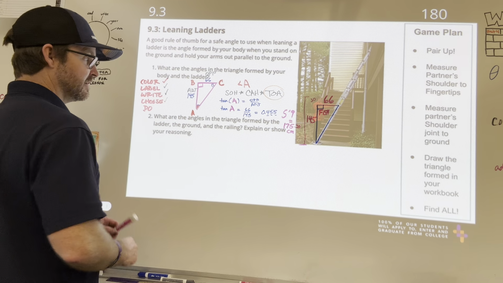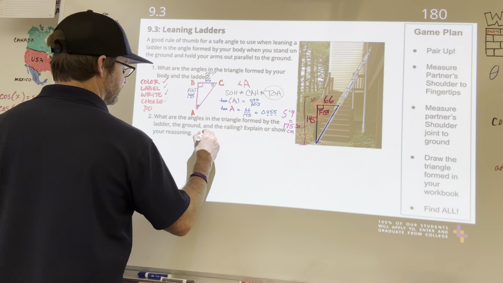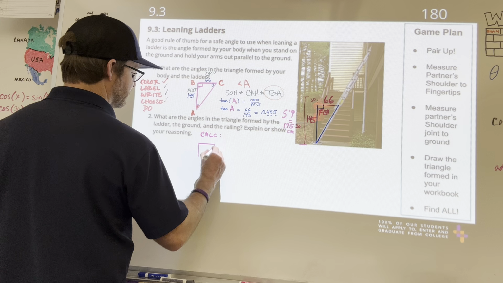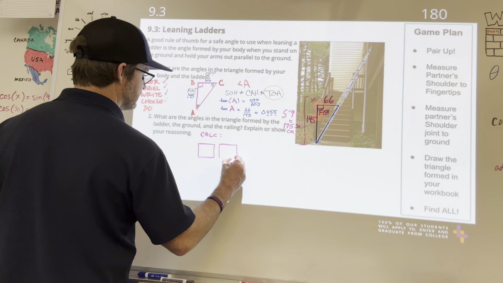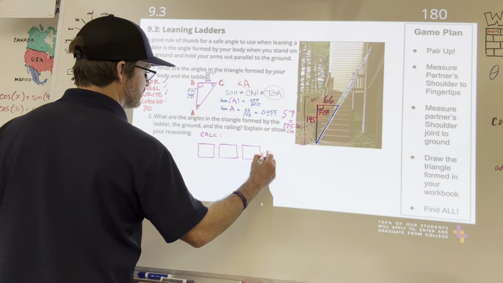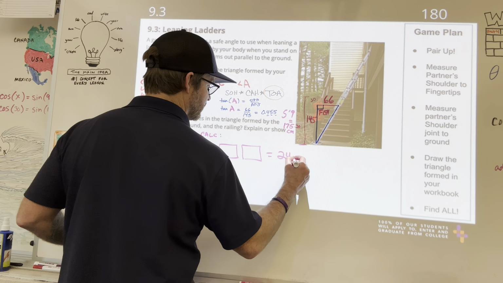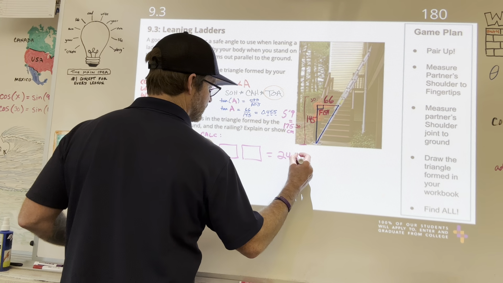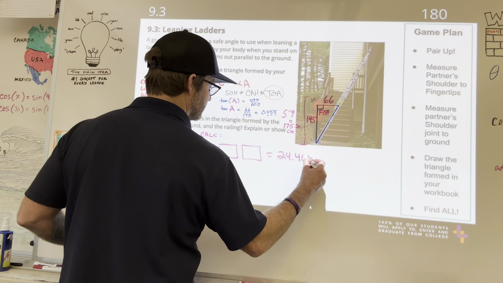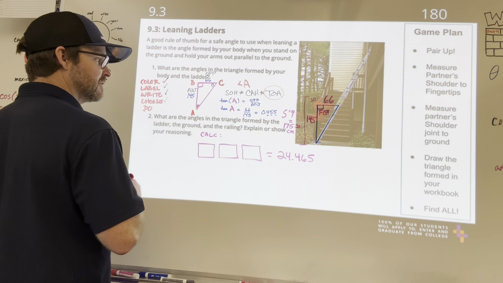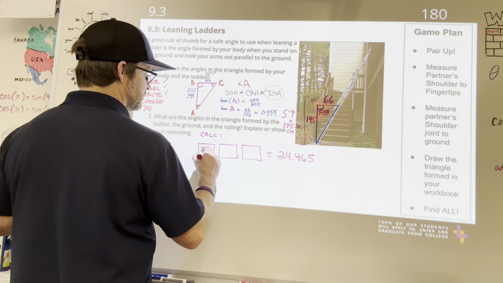So now, last thing is the calculator buttons. So type them in. Hopefully you remember. It's 24.46. Say again? 0.465. Okay, and then go slow on this part because this is the big part, the button pushing.